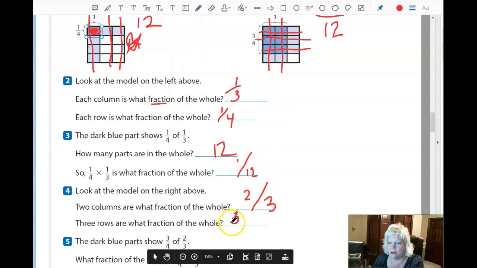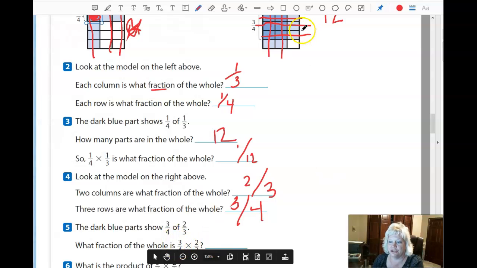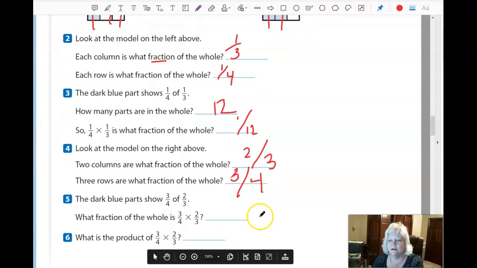So 3 out of 4. 3/4 of that is colored in. The dark part shows 3/4 of 2/3. What fraction of the whole is 3/4 times 2/3? 6 out of 12. So what is the product of 3/4 times 2/3? 6/12, which can be simplified. Both numbers can be divided by 6, so it would be 1/2.